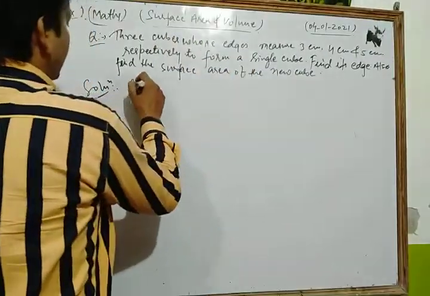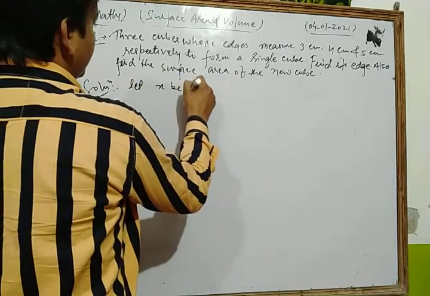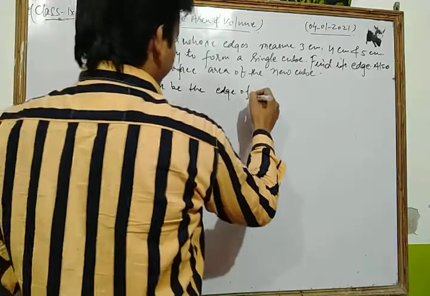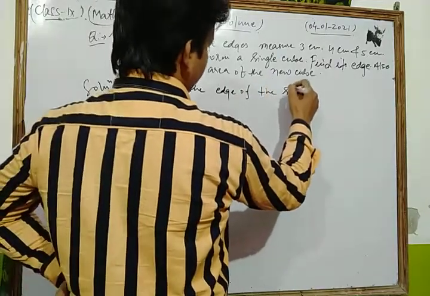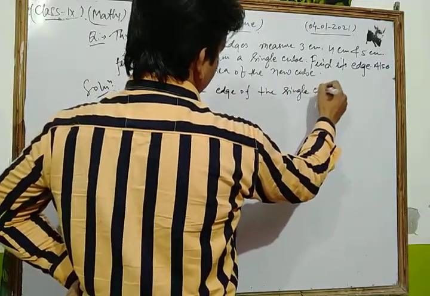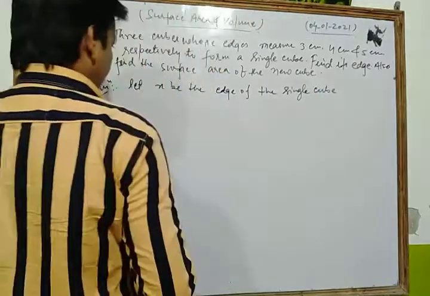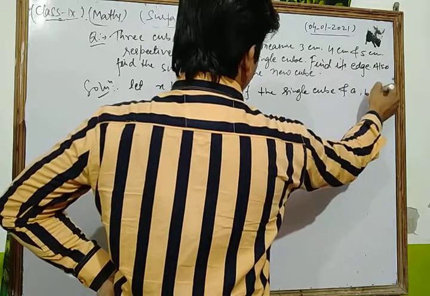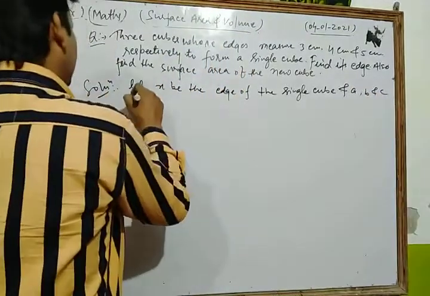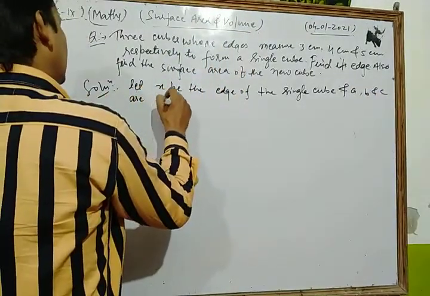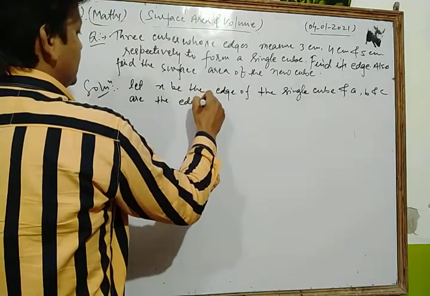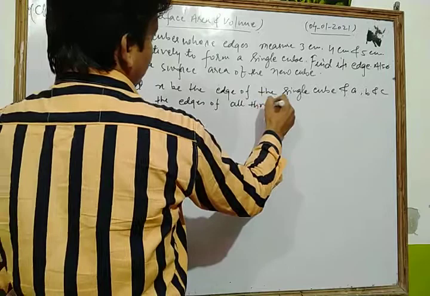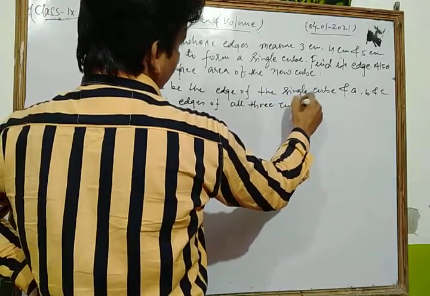First of all, let x be the edge of the single cube, and a, b and c are the edges of all three cubes.